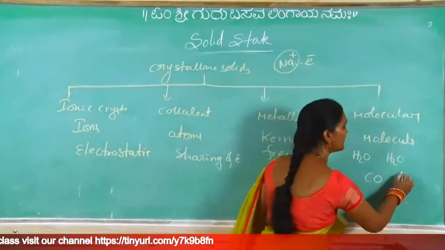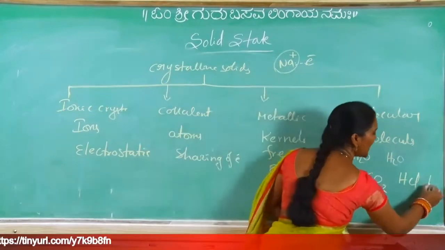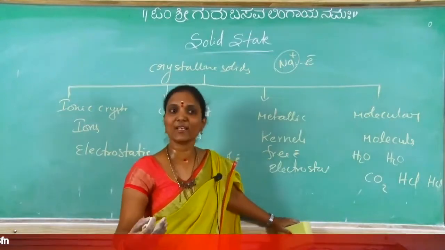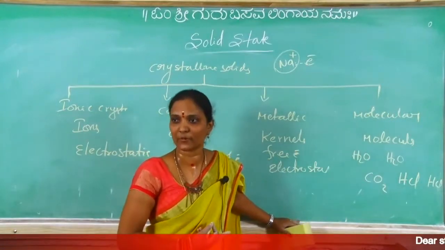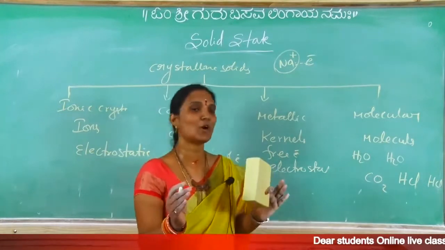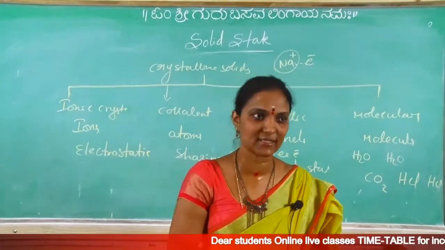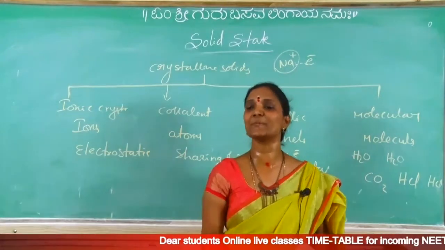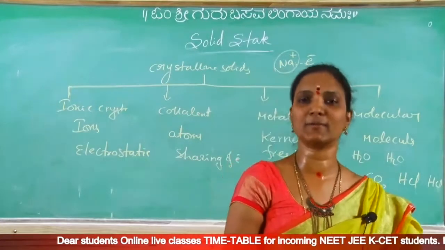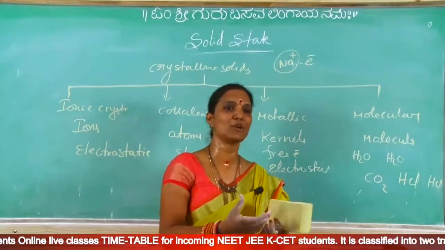If it is polar, for example HCl, which type of interactions are present between HCl molecules? Because it is a polar covalent compound, the interactions are dipole interactions. So in a molecular crystal, if this is asked, the answer can be hydrogen bond, dipole interactions, and induced dipole, London forces, van der Waals forces.